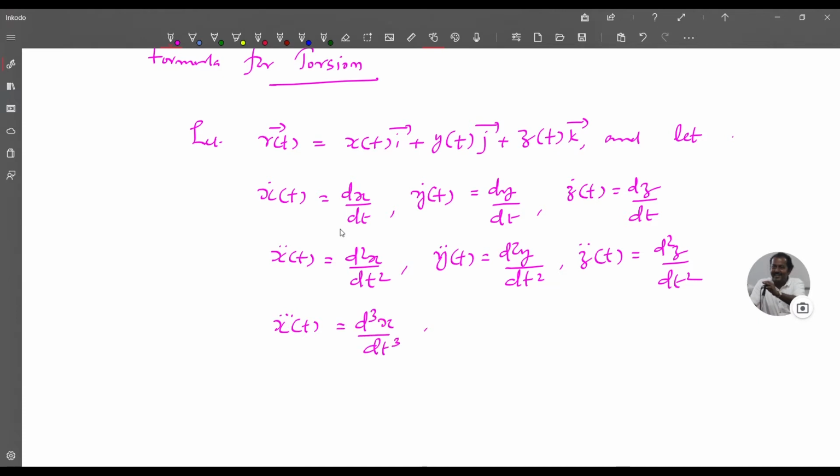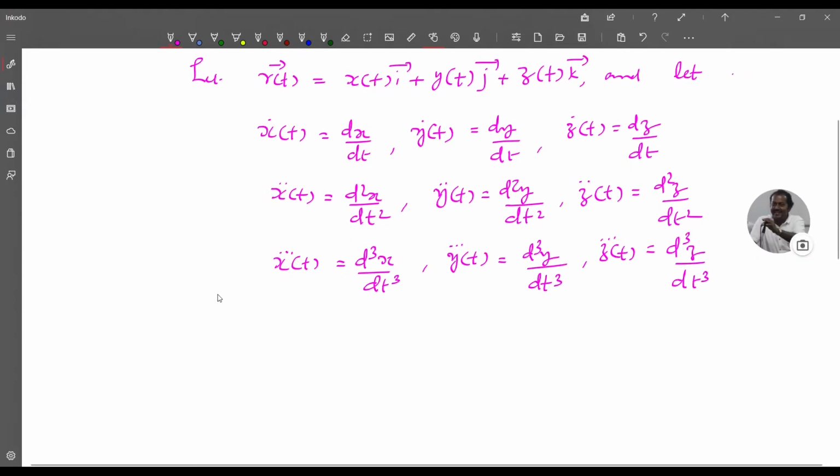Y triple dot of t is equal to d cube y divided by dt cube. Z triple dot of t is equal to d cube z divided by dt cube. These are known as Newton's dot notation for derivatives.